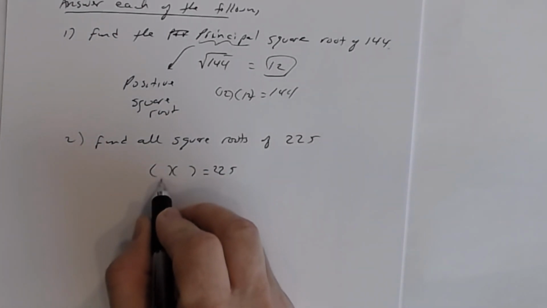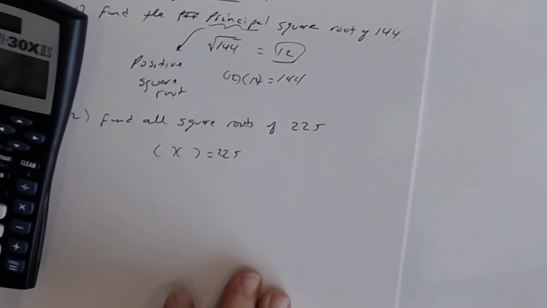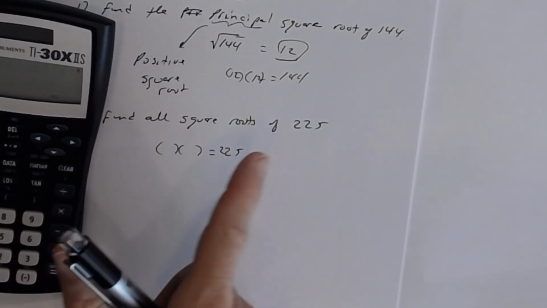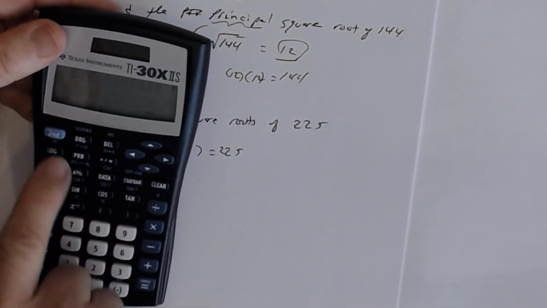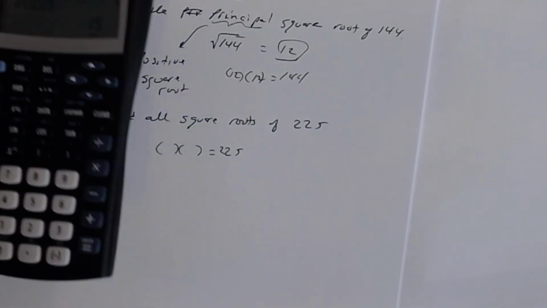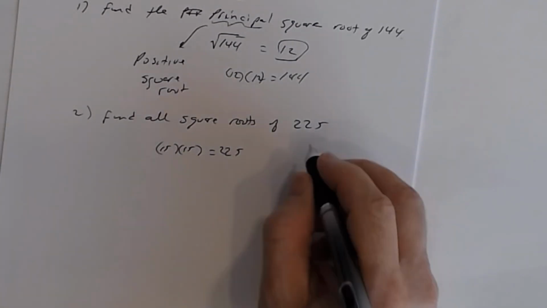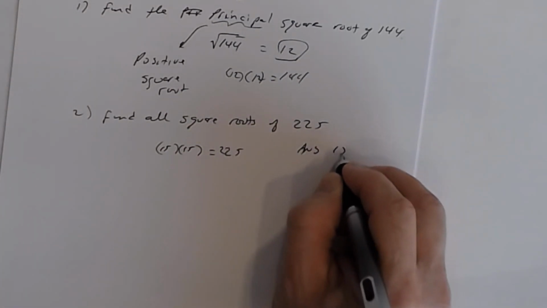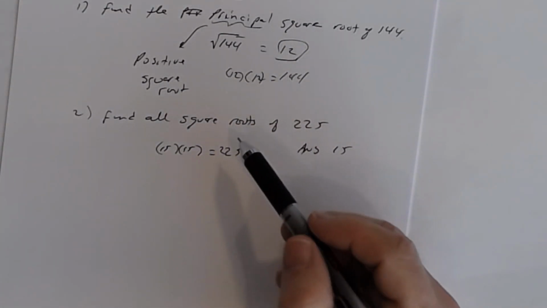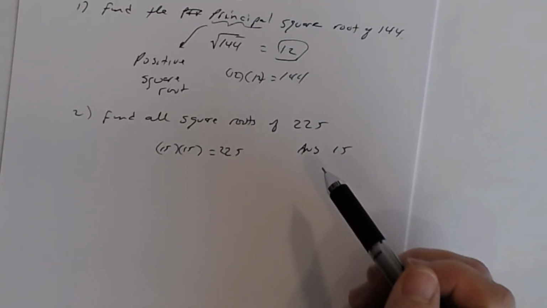If you need to use your calculator to help you with this, you could take the square root of 225. You get 15. So 15 times 15 is 225. So you might say, all right, the answer is 15. Well, that's true, the square root of 225 is 15, but it's not the only one.